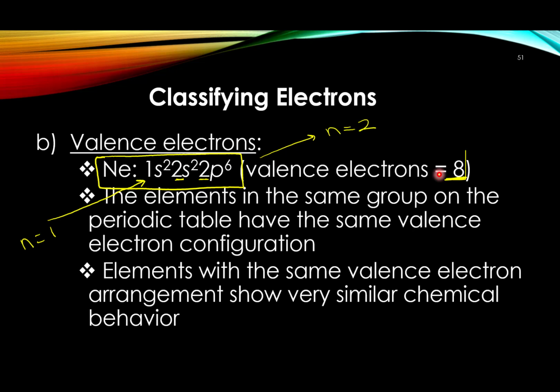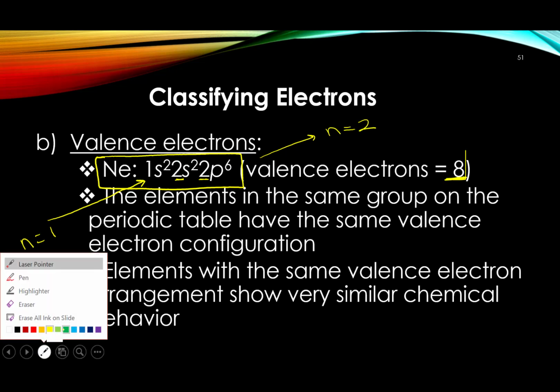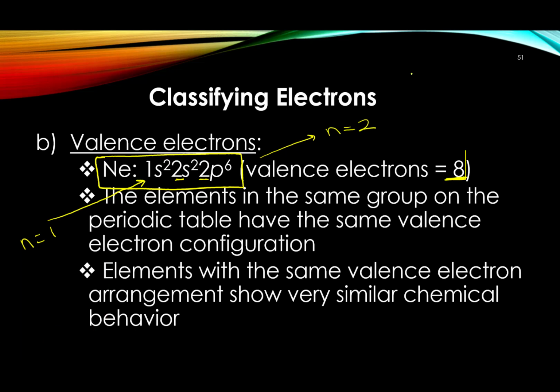Then neon has how many electrons? Neon has 10 electrons. Now that you know its valence electrons are 8, how about core electrons? It will be 10 minus 8, which is 2.